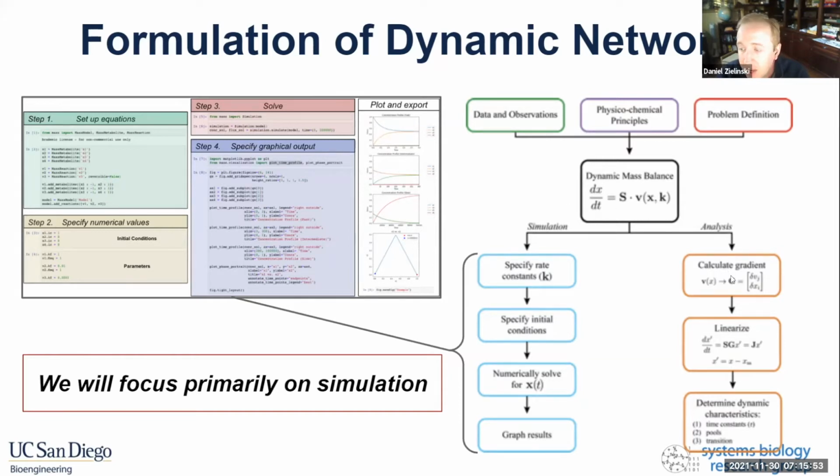So for example, you can calculate derivatives, the changes in your rate laws with respect to some parameters, dv/dx, for example, and identify which fluxes are most sensitive to which metabolites. You can calculate things like the eigenvalues of your system to figure out if it's stable. You can do different analyses to figure out things like time constants, pools.